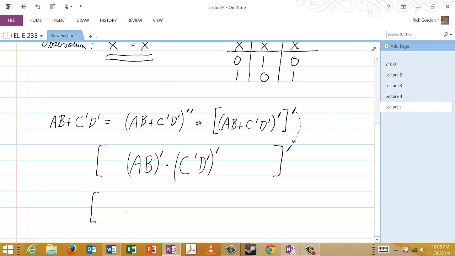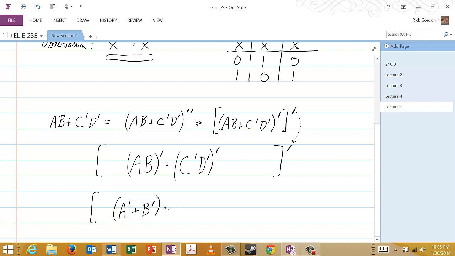So if we take this first one, it will give us A prime or B prime. Once again, we're taking the complement of a product to get the sum of the complements of the individual terms. Okay?